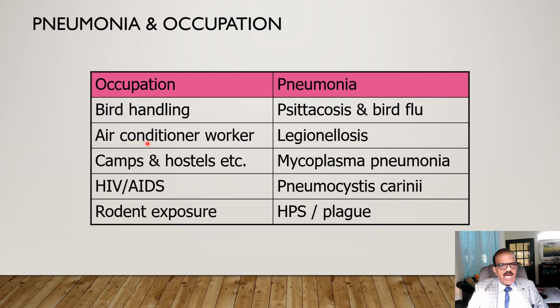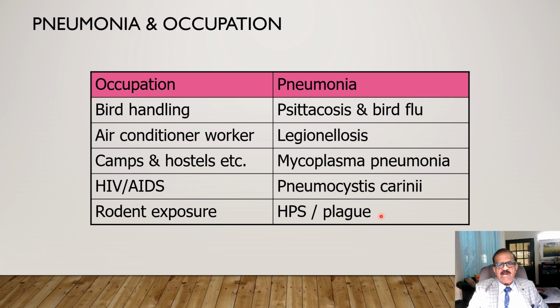Those who work with air conditioners may develop legionellosis. Those who live in dormitories or in camps and hostels, Mycoplasma pneumoniae is common. HIV and AIDS, Pneumocystis carinii. Rodent exposure, HPS or plague.